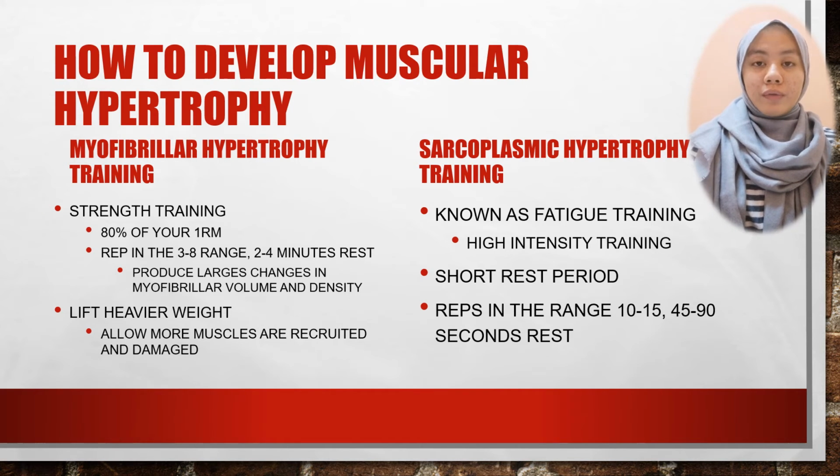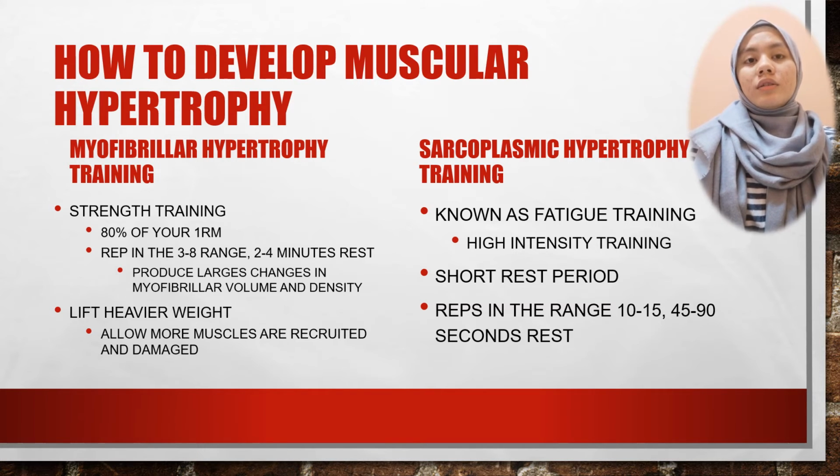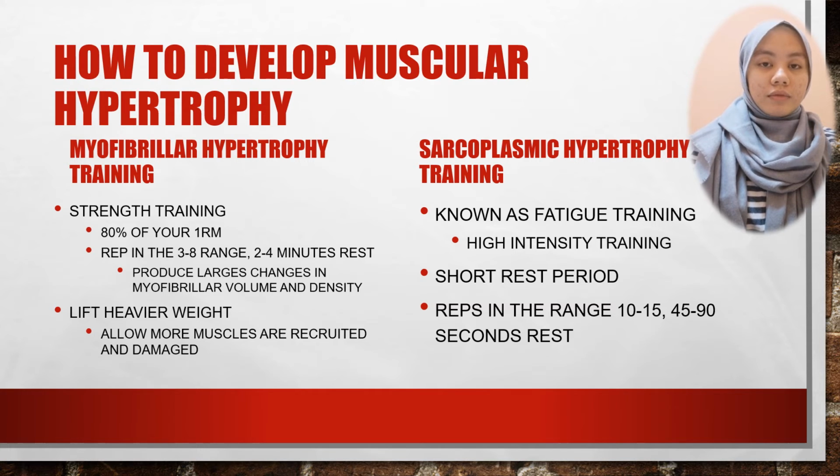Myofibrillar hypertrophy can occur with heavier loads and lower repetition schemes, for example, repetitions in the range of 3 to 8, and the resting time is 2 to 4 minutes, and it allows the largest changes in myofibrillar volume and density.